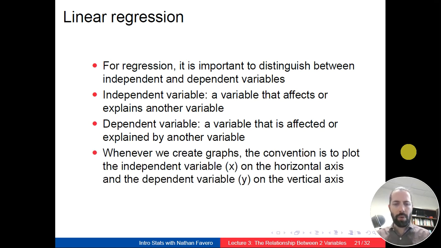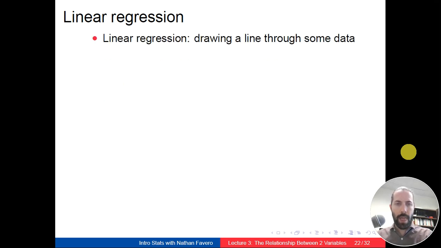And more broadly, whenever we create graphs, the typical convention is that if we have one variable we're considering to be our independent variable and the other our dependent variable, we usually put the independent variable on the x-axis, the horizontal axis, and the dependent variable on the vertical axis. So that's something important to know when you're creating graphs.